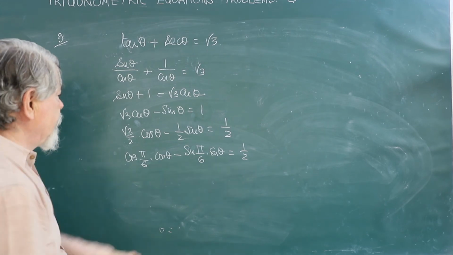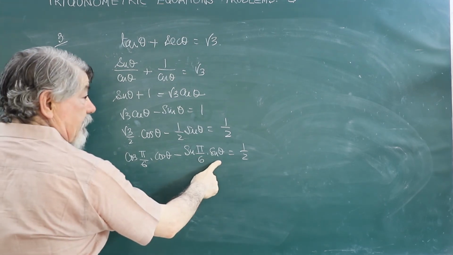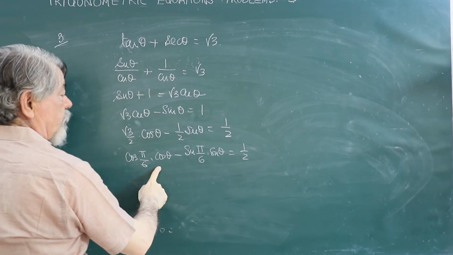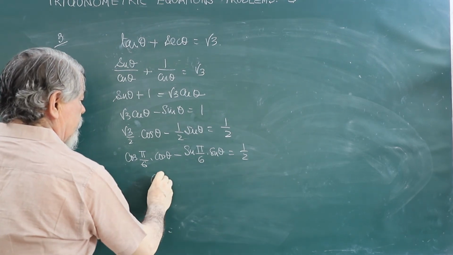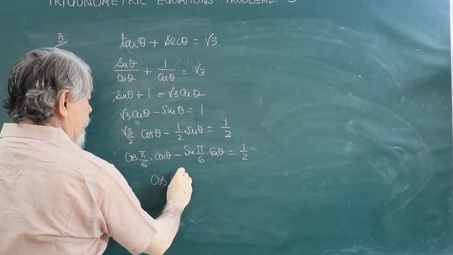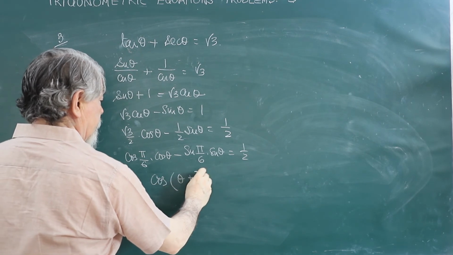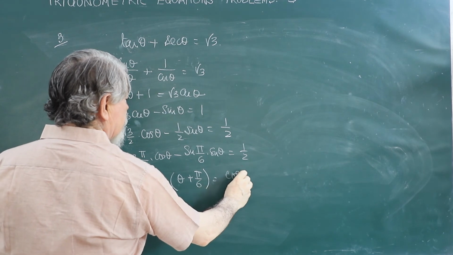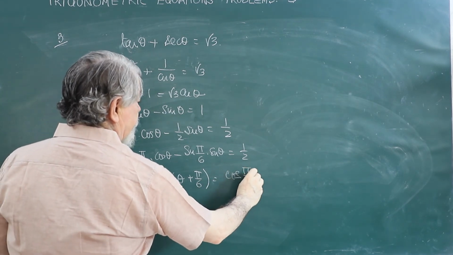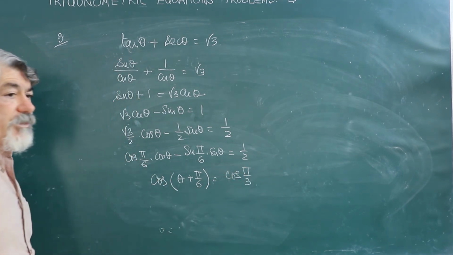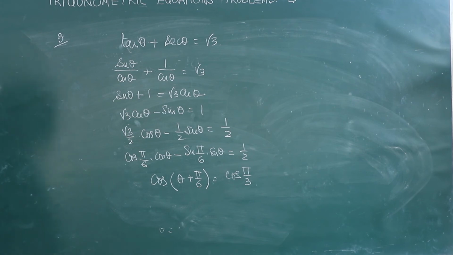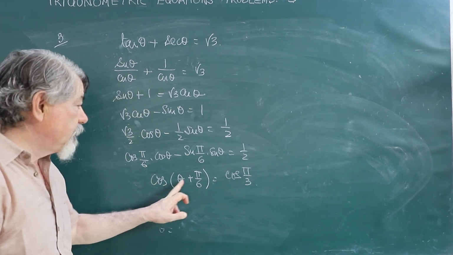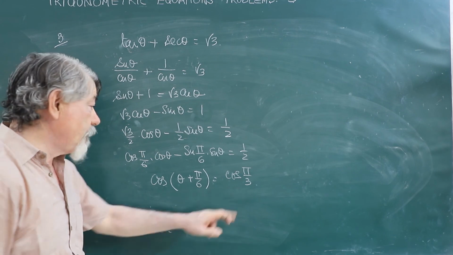Now, what are we going to do? Cos A cos B minus sine A sine B. So it will be cos of A plus B, and this is 1 upon 2, which means cos pi by 3. Cos 60 is 1 upon 2. Now cos theta is equal to cos alpha.